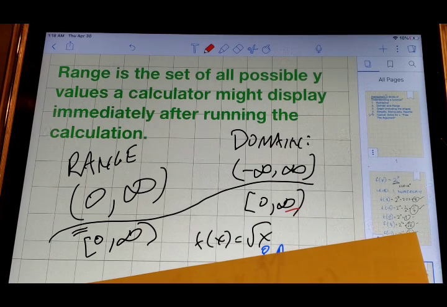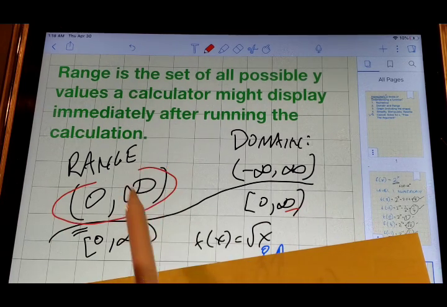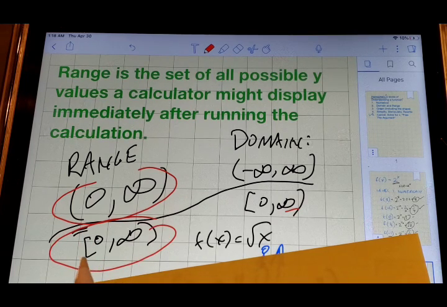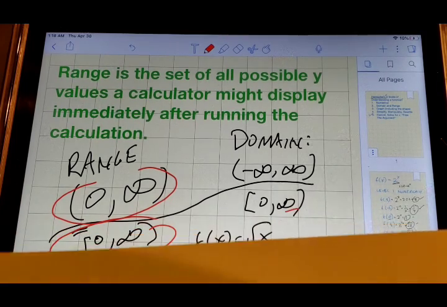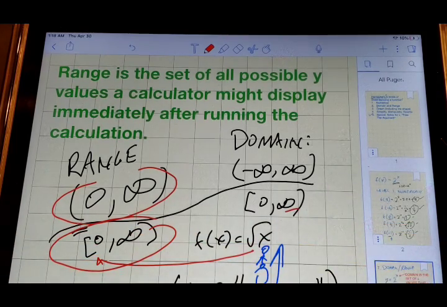So, I don't know, we've seen something kind of like this before, but not exactly like this before. Notice how the square root function contains 0. You can get 0 for the answer, but not for this one. So this is a new function with a domain and range in that pair that we haven't seen before.